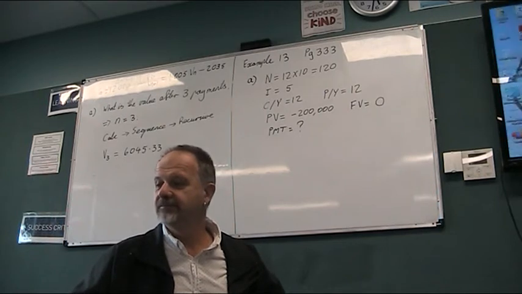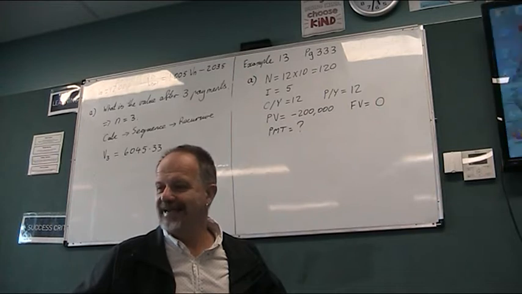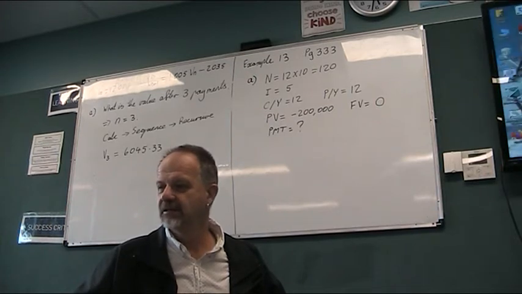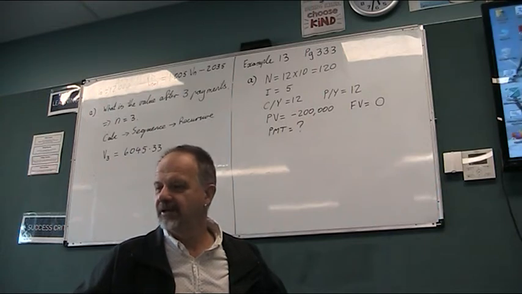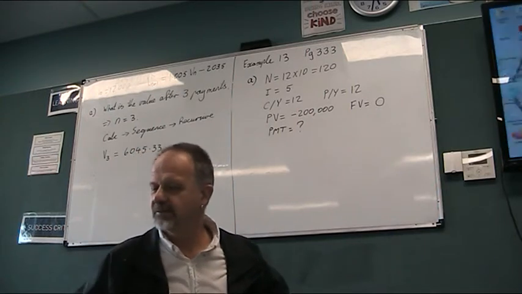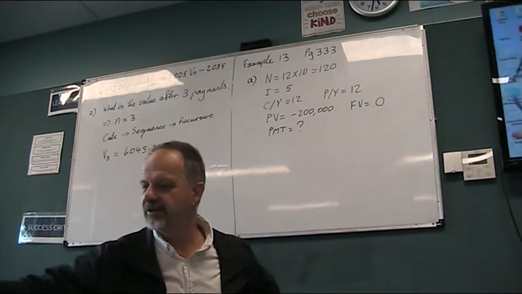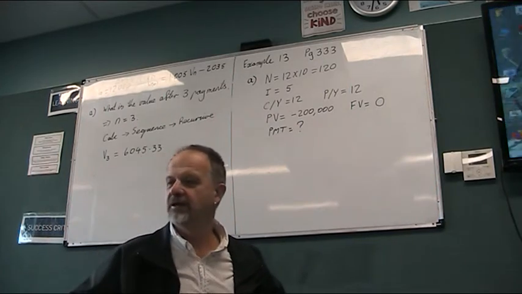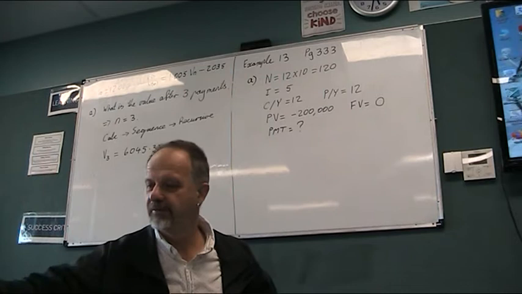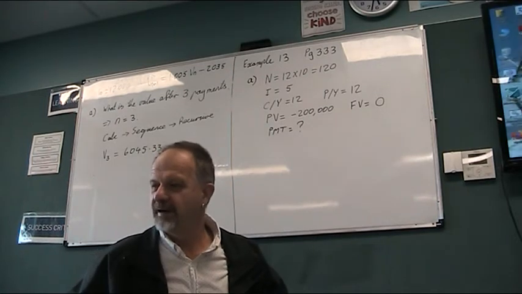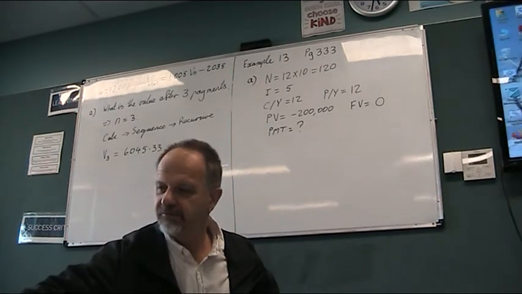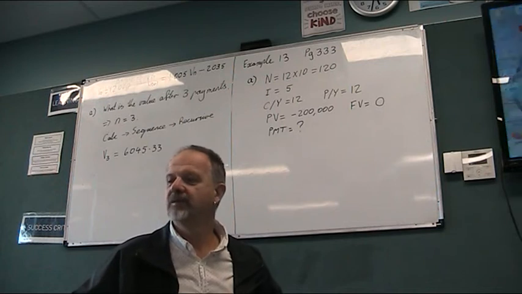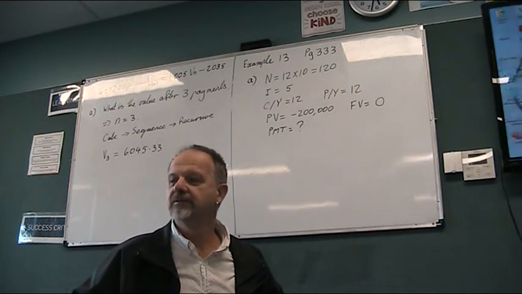Interest rate is 5. Present value, negative, because he put it in. The payment at the moment, there's nothing in that. That's what we're going to find out. Future value, going to be worth $0. 12 payments in the year, compounding 12 times in the year. And payment.